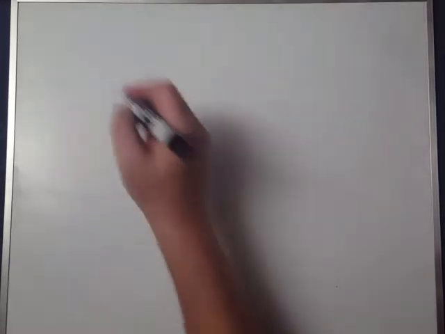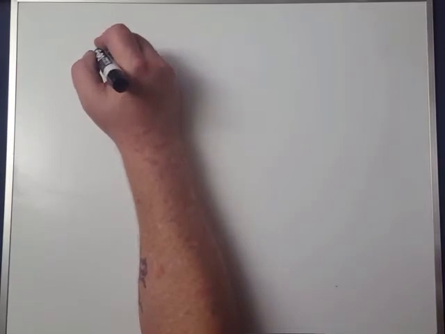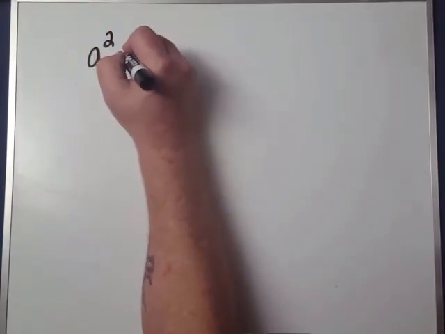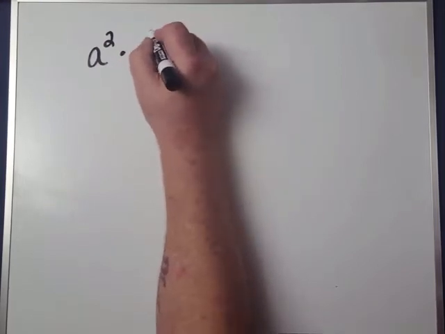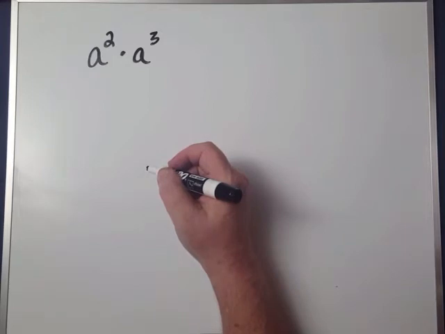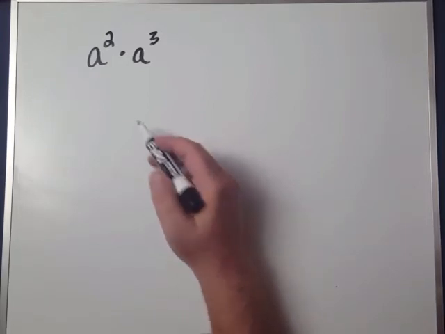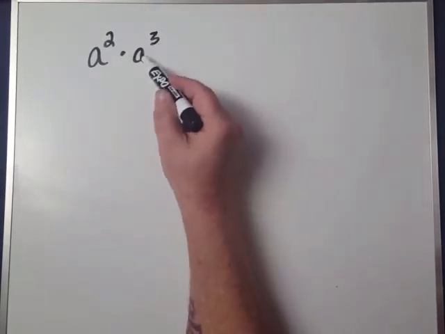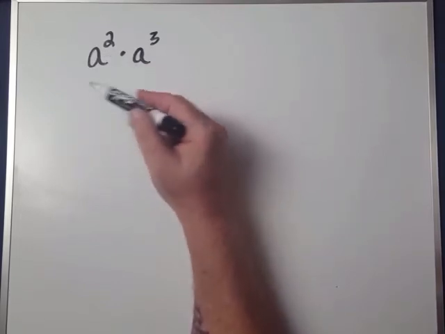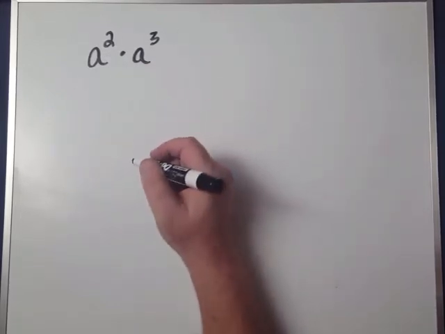Consider, if I have some number a raised to the second power times that same a to the third power. Can this be simplified further? Well, order of operations would require me to take the powers before I multiply. Is there any way the algebra can let me around that?